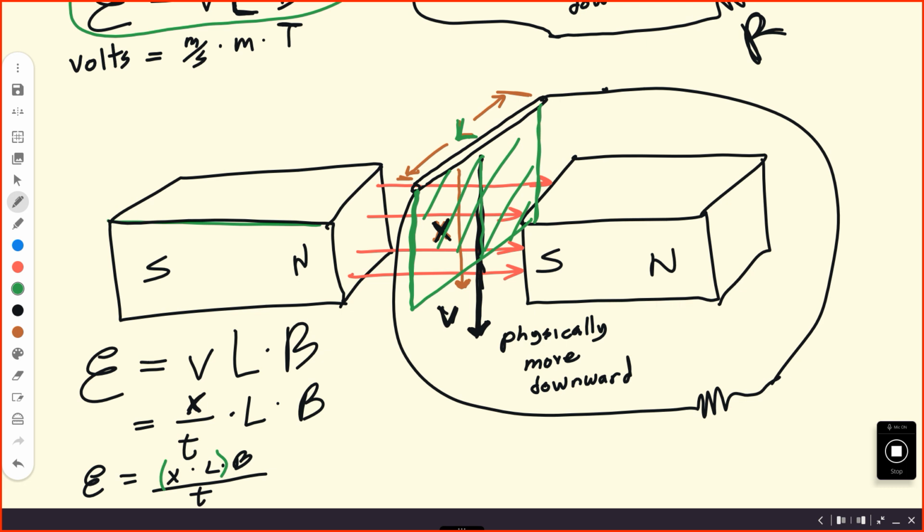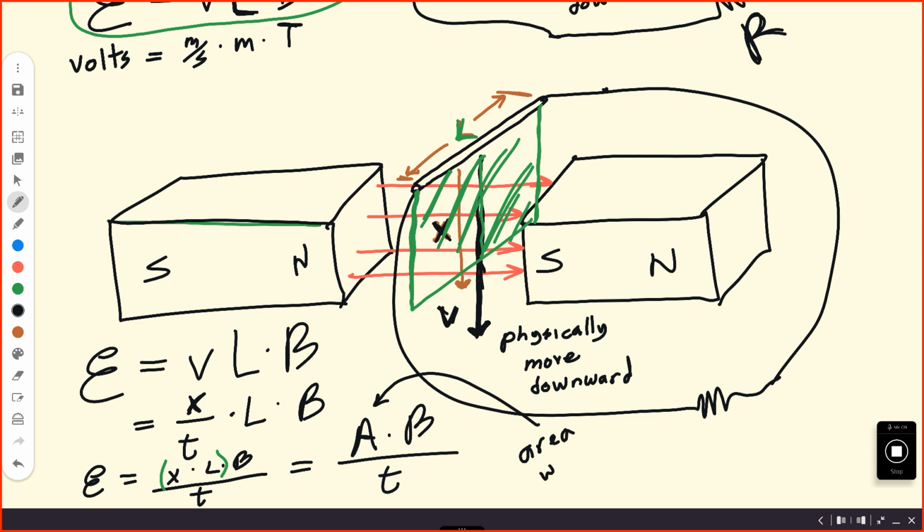L times x gives you this area right here. It's the area that the magnetic field lines are in. So this could be rewritten as the area where the field lines are times the magnetic field strength over the time. Yes? So this A right here is the area where the field lines are.